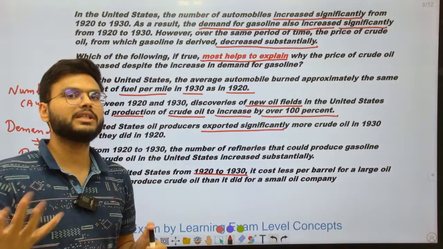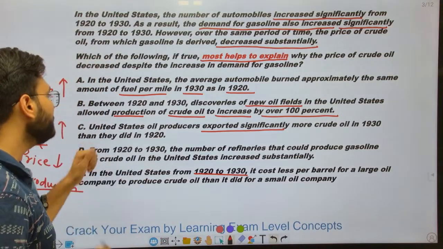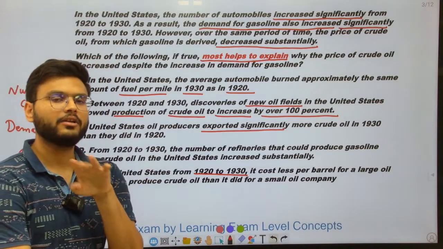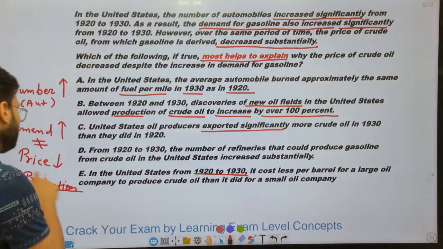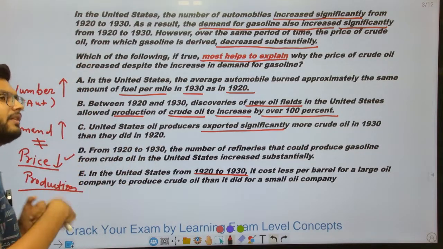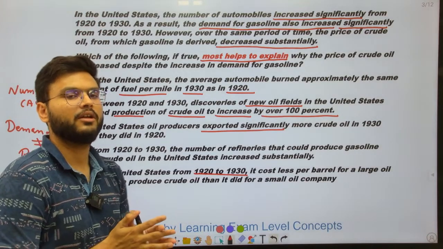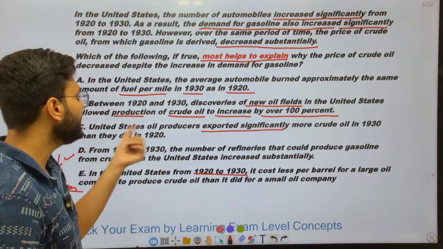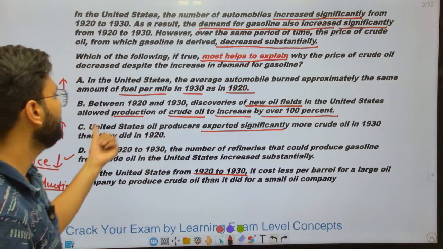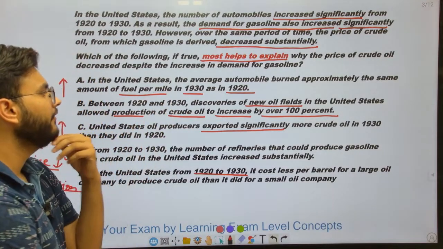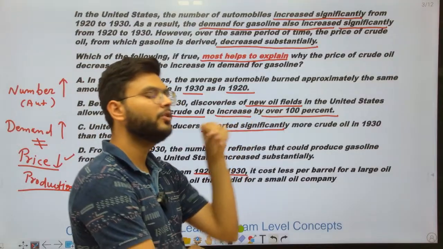Now, what was the reason? So option number three tells me a reason: the price decreased because of a different factor, which was production. We can see that in the same time period, in 1920 and 1930, we have a new discovery of new oil fields.